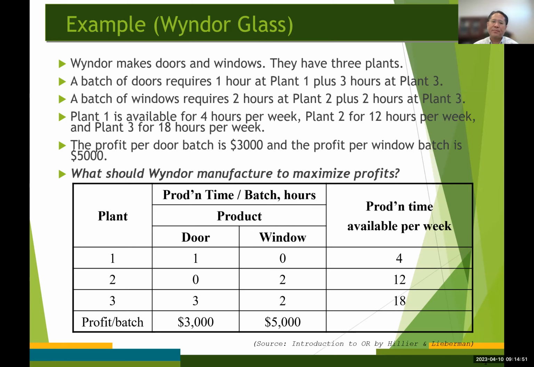And there are different time requirements for producing these two products in each plant, and each plant also has a different capacity. So that results in a different time schedule in each plant, right? All the information has been summarized in this table, and you are required to provide a production plan that will maximize the profits of the Window Glass company, okay?